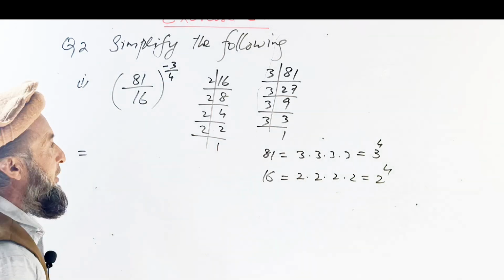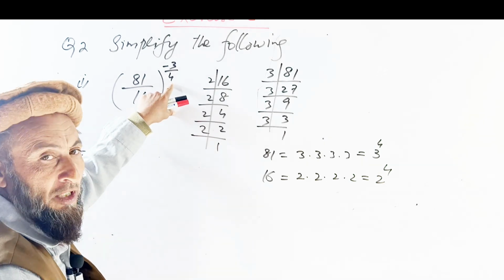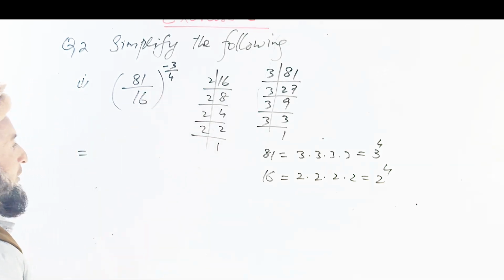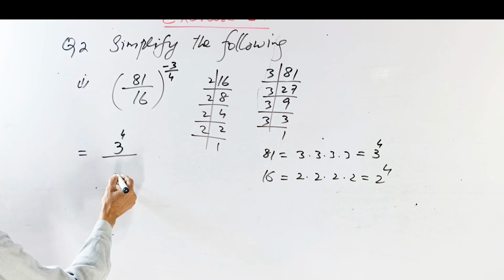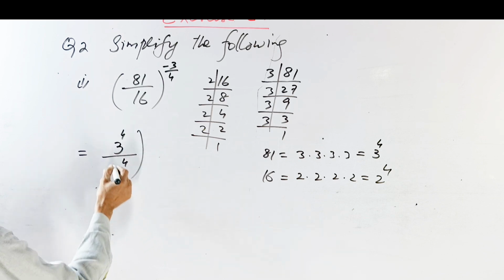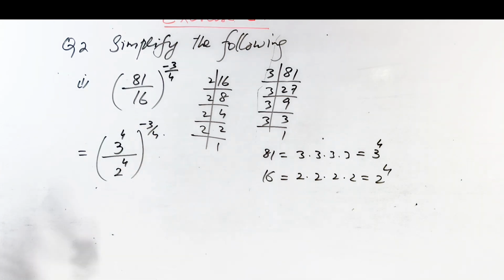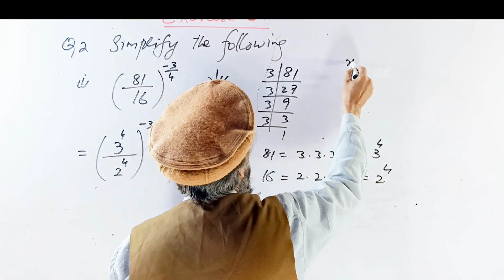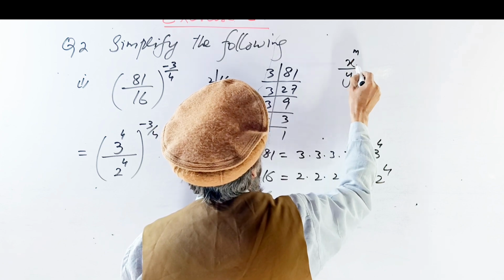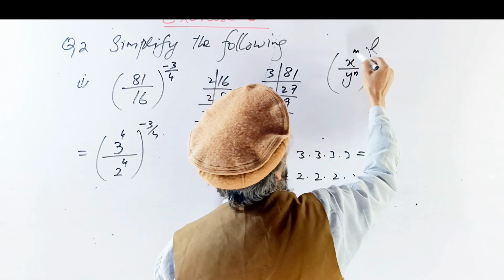We have the complete information in the fraction of the exponent term. From the denominator we have 3 power 4 and 2 power 4, the whole to the minus 3 by 4. Now according to the double exponent rule, for x divided by y whole power m and n, both are multiplied.